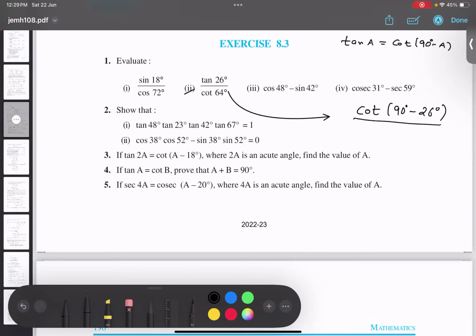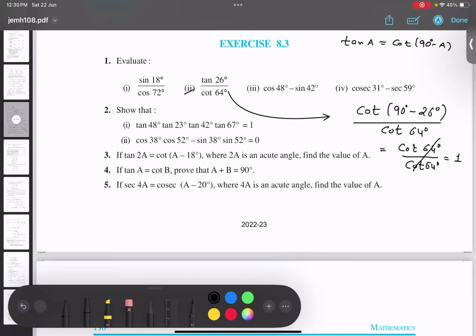Is that clear? If I solve 90 minus 26, I get 64. This will get cancelled. Answer is 1.